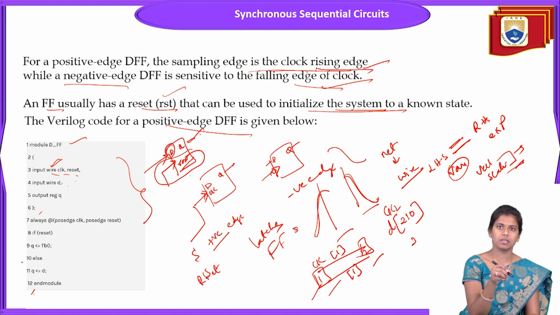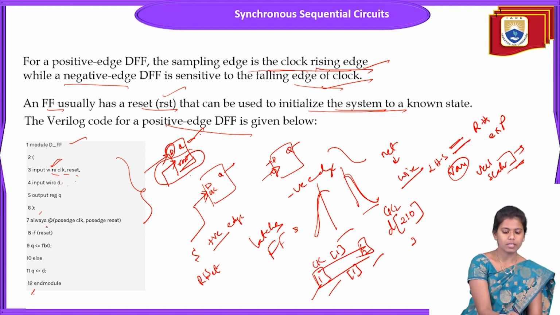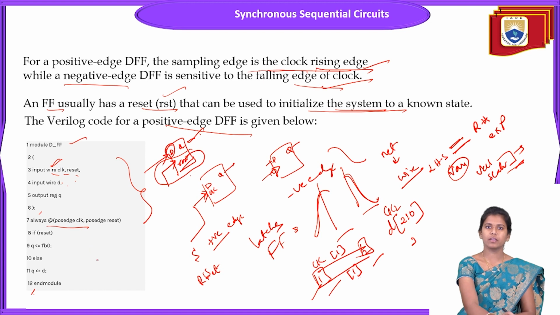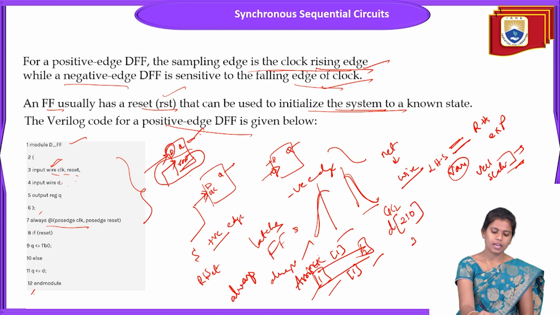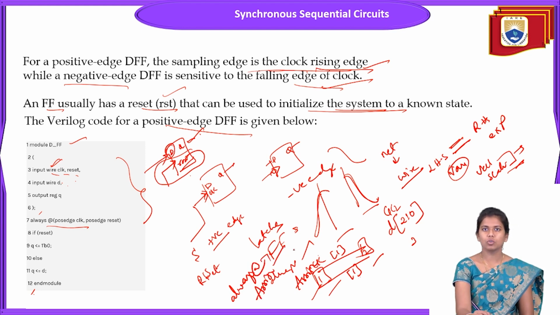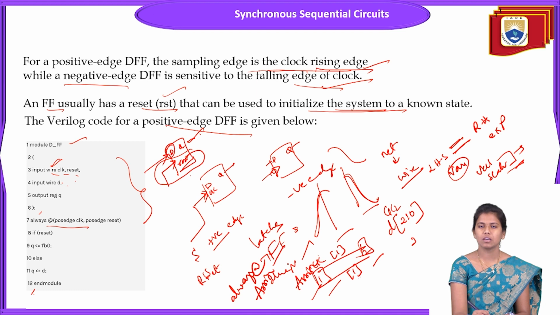The semicolon is a must, and then comes always at the rate. Always at the rate indicates that this example is under behavioral modeling. In behavioral modeling and data flow modeling, we discuss always at the rate and assign. These two are the keywords. For any algorithmic abstraction level, or for the data flow level, we will be using these keywords.